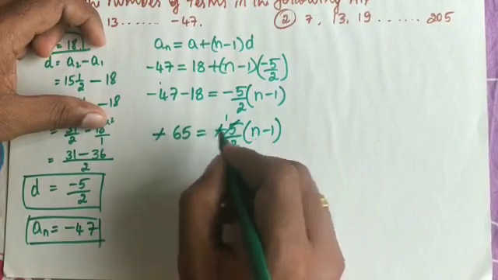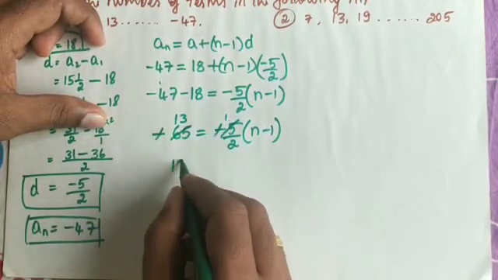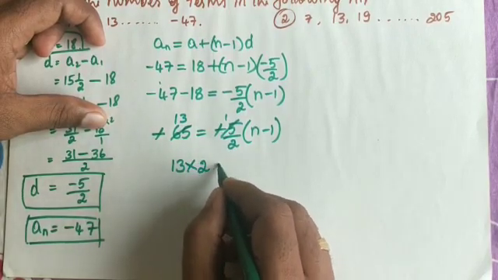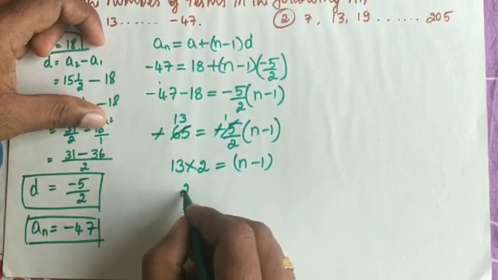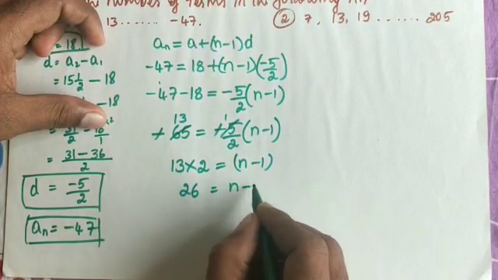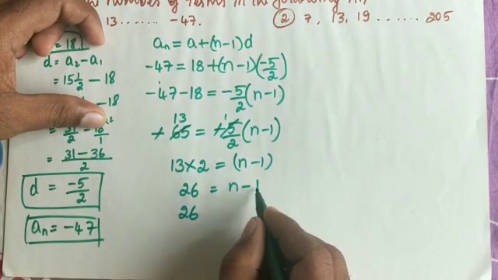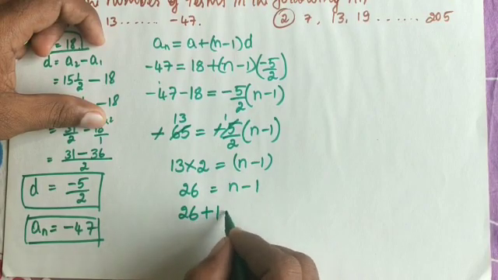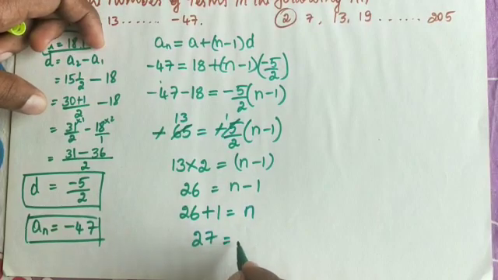5 ones are 5, 5 13s are 65. We will cross multiply: 13 into 2 is equal to n minus 1. So 13 2s are 26 is equal to n minus 1. As I shift minus 1 to the left hand side, the sign changes, 27 is equal to n.